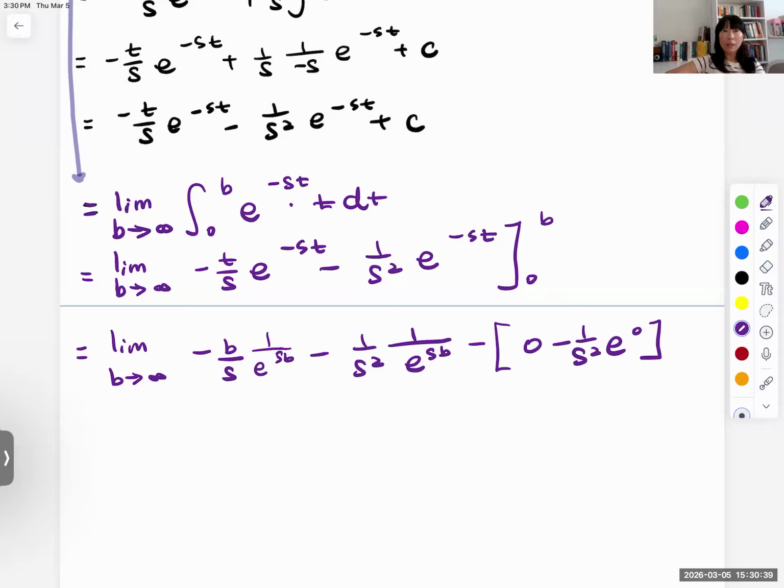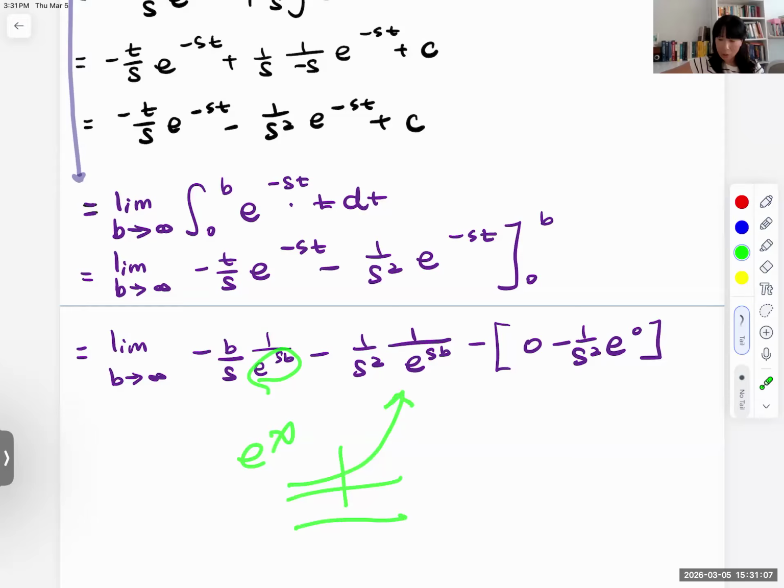Okay, now let's think. When b approaches positive infinity, this is infinity, and this is also infinity, because e to the sb is the same as e to the x power, and when x approaches infinity, this goes to infinity.